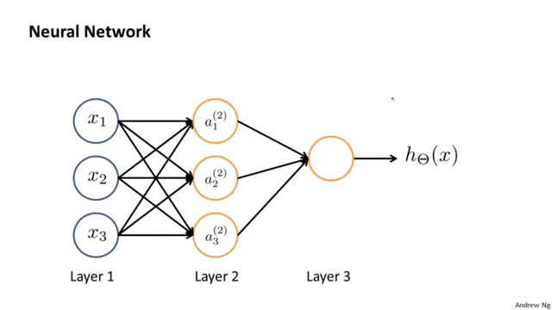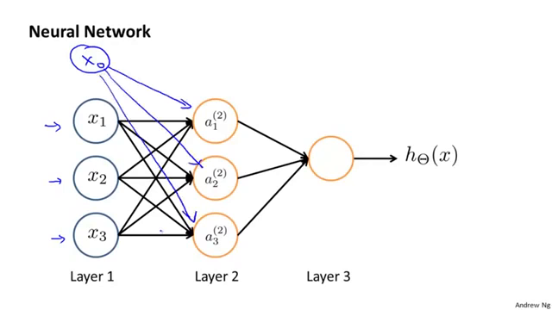A neural network is just a group of these different neurons strung together. Concretely, here we have input units x1, x2, x3, and once again, sometimes we draw this extra node x0 and sometimes not, so I'll just draw that in here. And here we have three neurons, which I've written A21, A22, A23.